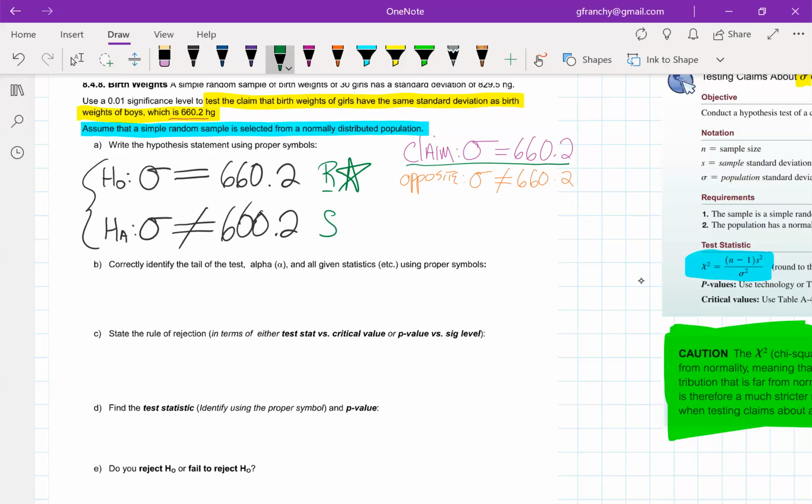So next, in part B, identify the tail of the test. For that, we look at the inequality in the alternate. This is a two-tail test. Our alpha is our significance level, that is 0.01.